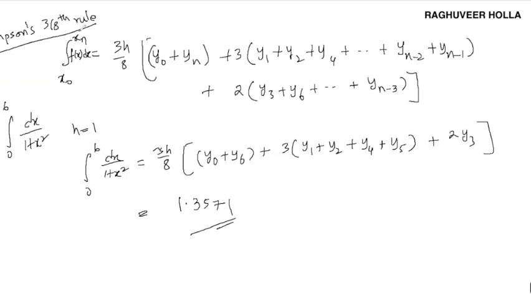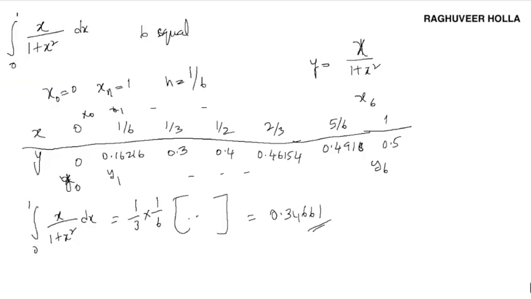Now, using Simpson's 3/8 rule, let us solve the integral 0 to 1 dx by 1 plus x square. So let us do that.